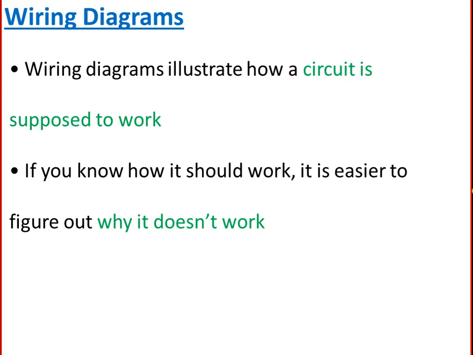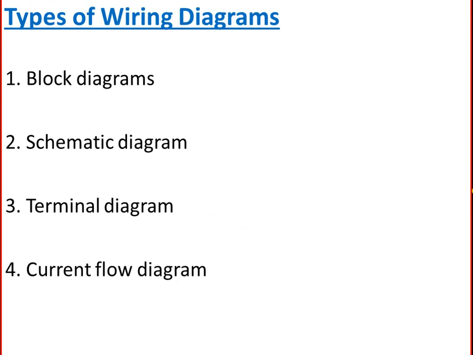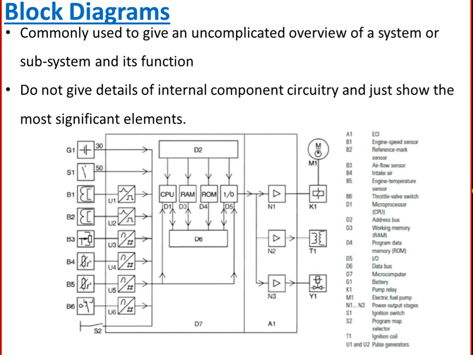Similar to a map, wiring diagrams will have a legend where symbols and naming conventions are spelled out, but no how-to instructions. So there are four types of wiring diagrams, namely block diagrams, schematic diagrams, terminal diagrams, and current flow diagrams. We will see each one by one.